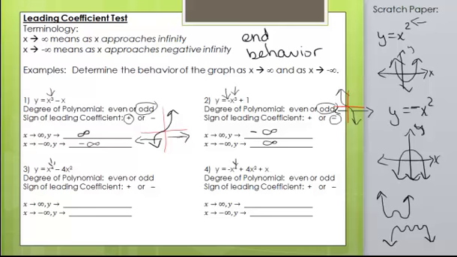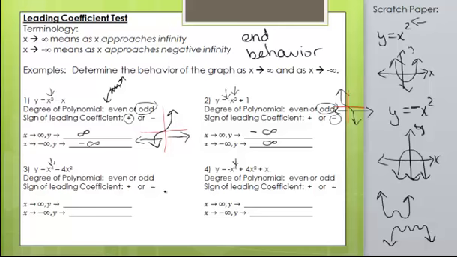You could have some crazy stuff. But the general shape of the graph is still that U shape with crazy stuff in the middle. And that's also true for odd functions. If you have any odd function, it's going to look like this, but you could have crazy stuff going on in the middle.